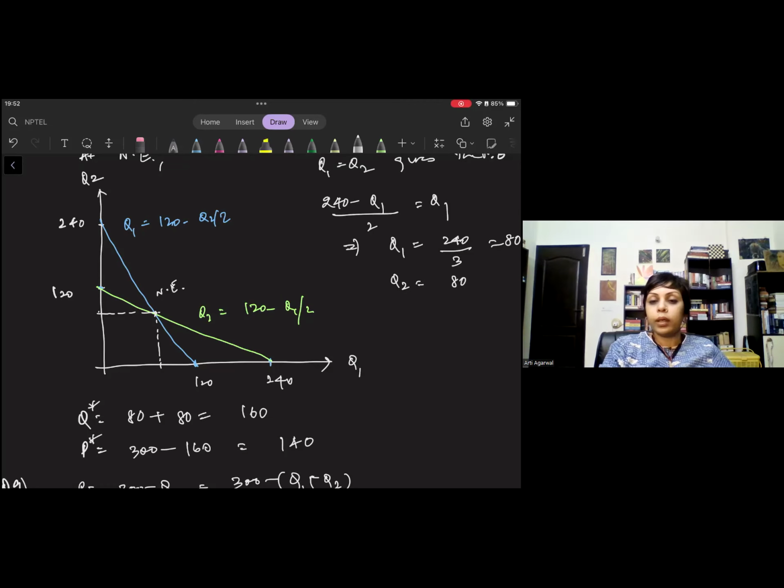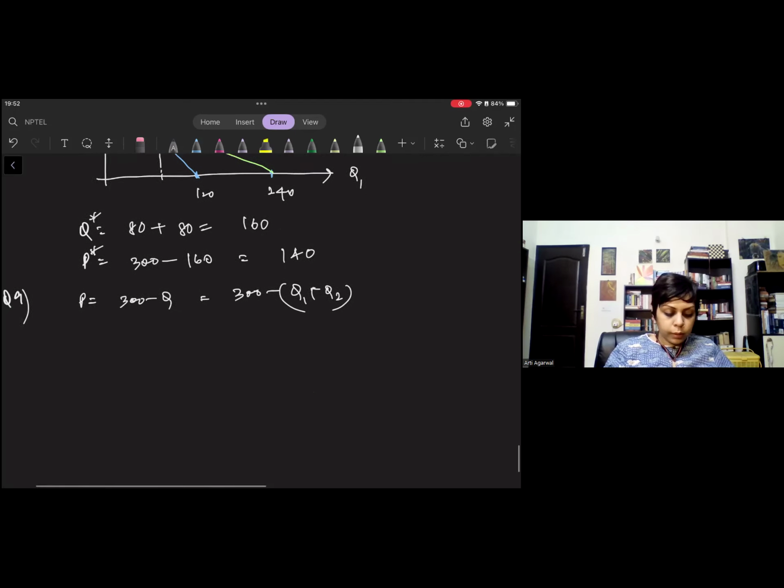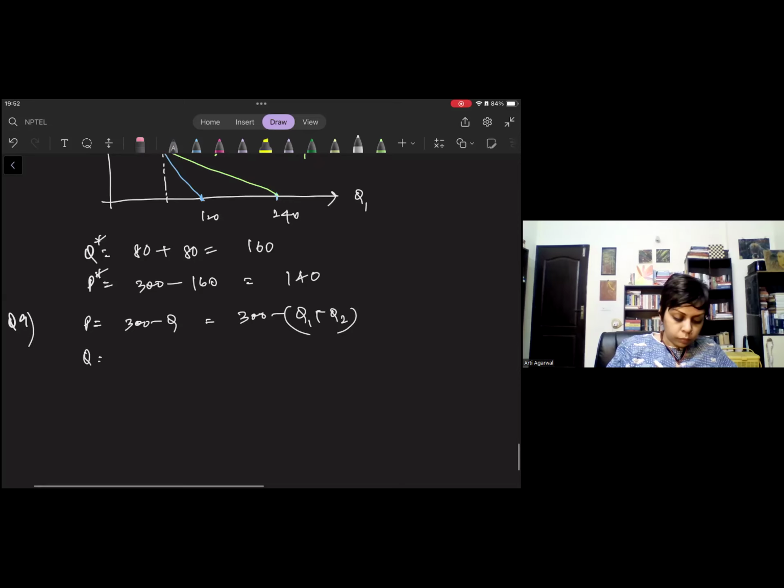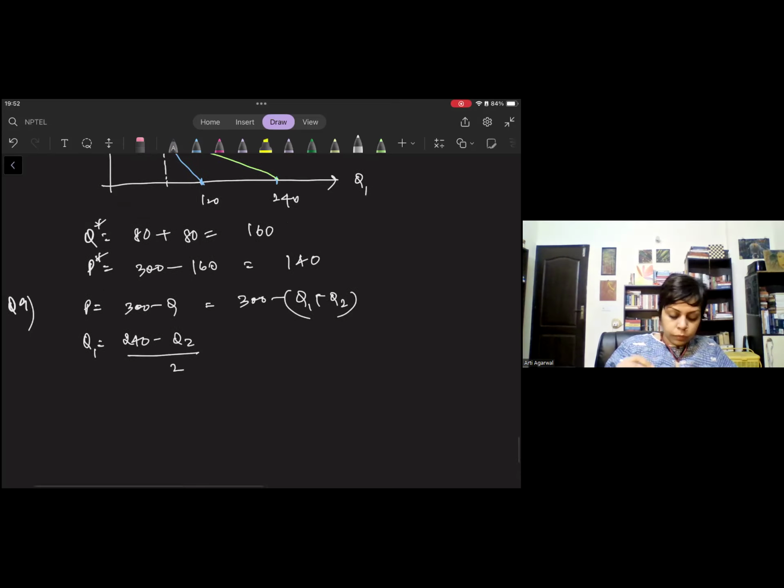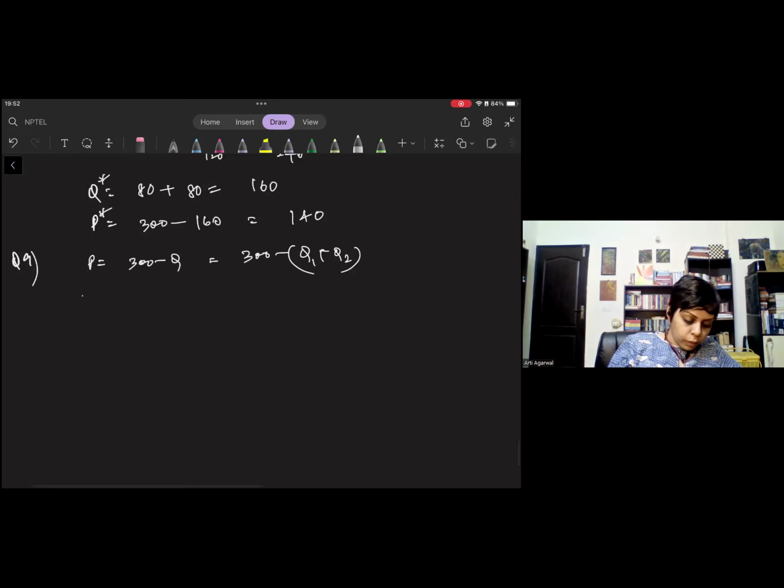But here, firm 1 will take its response function, which is 240 minus Q2 by 2. Or let's not do it this way. Let me simplify it even further. Let's write down the whole profit function again for firm 1 so that we can be clear about what we are doing here.